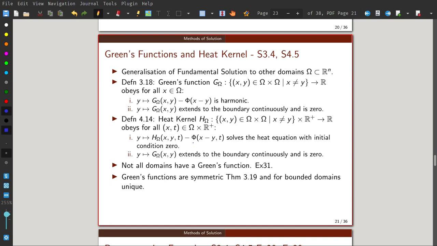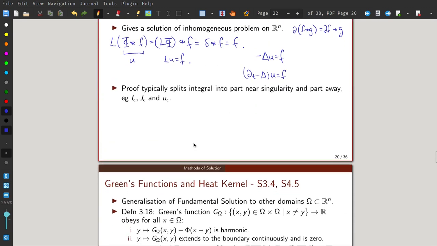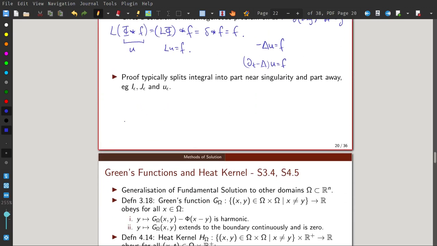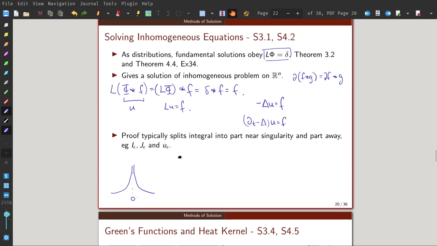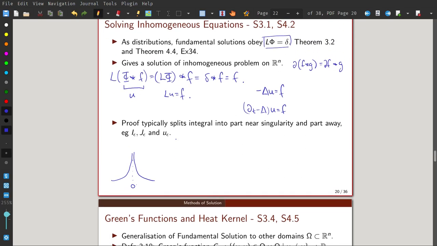So why is it important that the Green's function have a singularity like the fundamental solution? The fundamental solution, we know, has a singularity at the origin. What we should imagine, coming from physics, is that the inhomogeneous term is heat in the case of the heat equation, or electrical charge in the case of Laplace's equation.